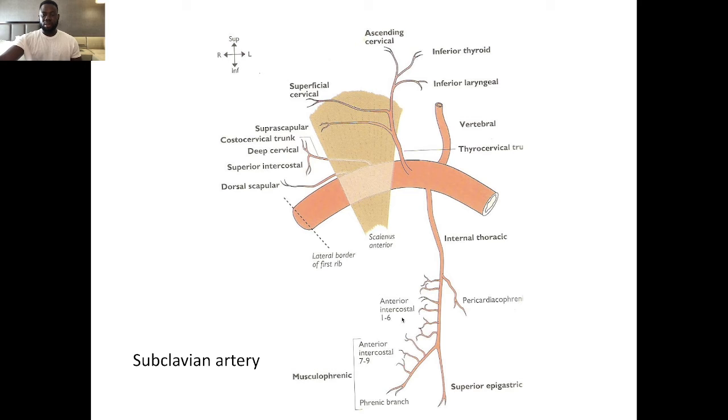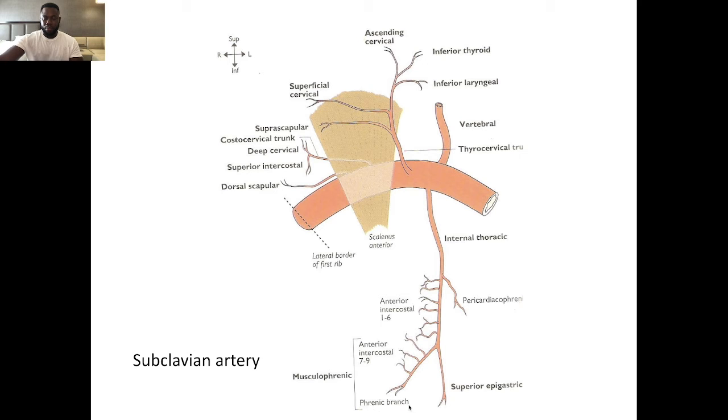You remember we said the posterior intercostals were coming from the thoracic aorta, as we saw in the previous slide. And now the anterior ones, 1 to 6, are coming from the internal thoracic artery.